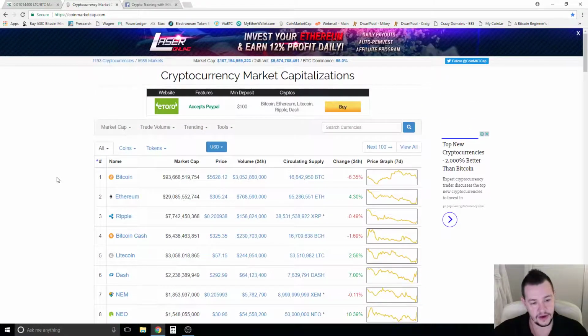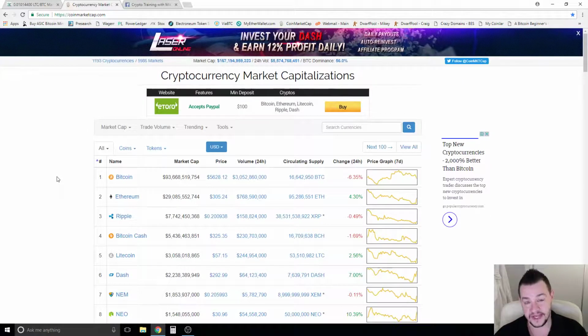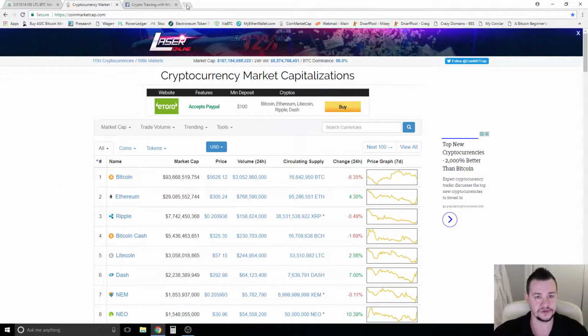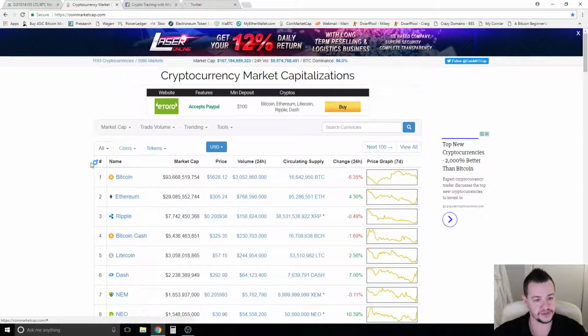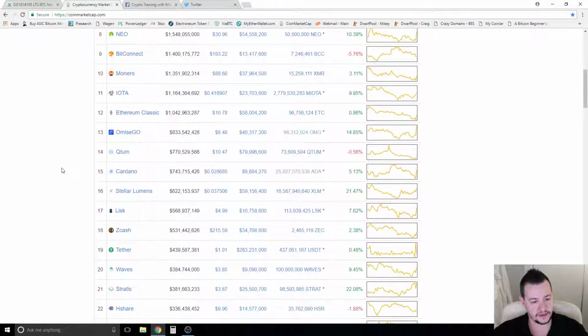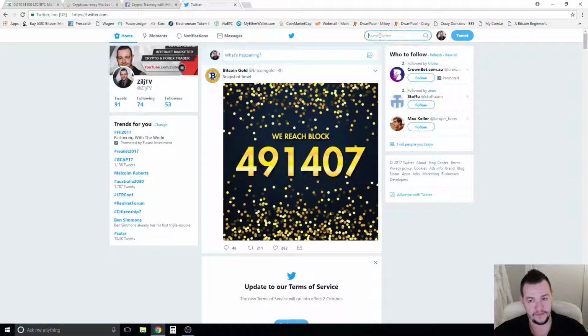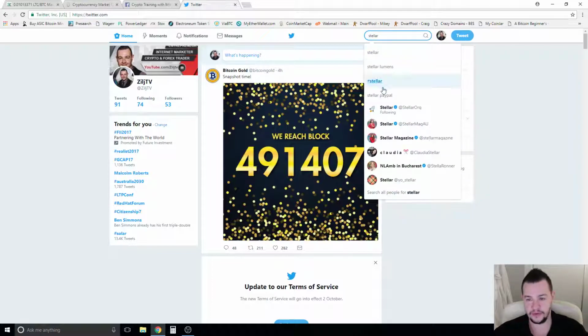A very good example of fantastic fundamental analysis news is something that just recently came out about Stellar Lumens, which is STR on Poloniex and XLM on Bittrex and a couple of the other exchanges.